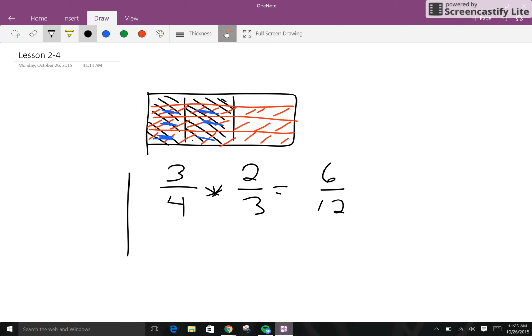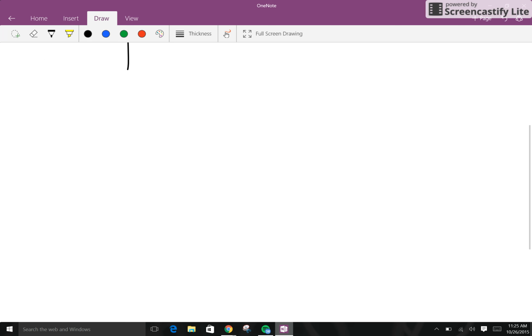On the second one, it's slightly different because this time 1/5 of the garden bed has a certain amount, and then next year they want 3 times that amount. Because of that, it's going to look slightly different when we do our number model or our area model. We're going to start off with the 1/5.